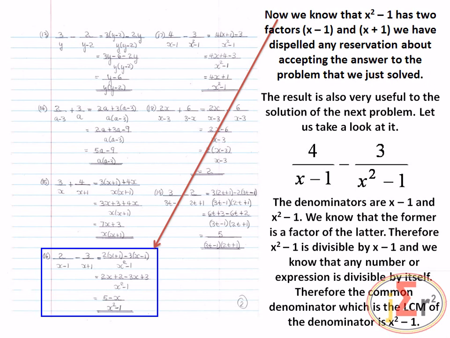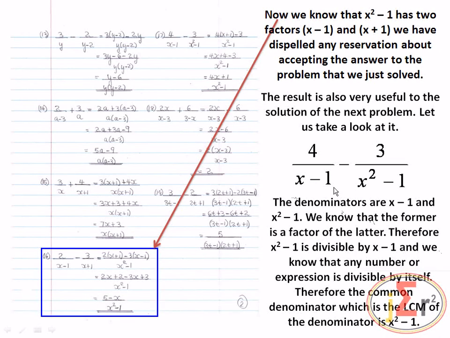And we know that any number or expression is divisible by itself. So x squared minus 1 is divisible by itself. Also, we know that x squared minus 1 has two factors, one of which is x minus 1.